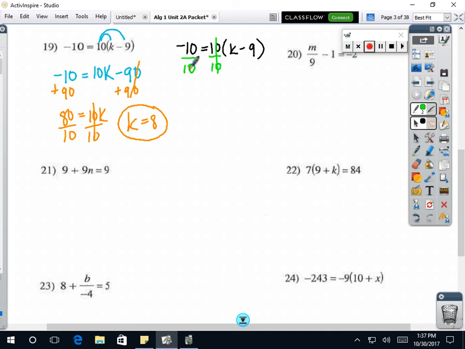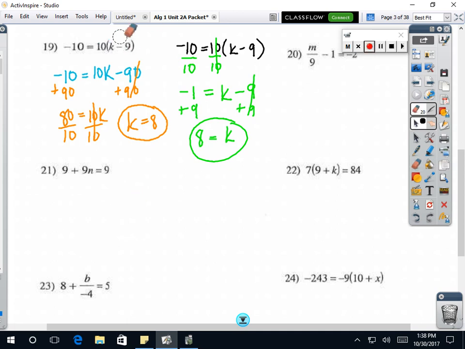And divided this side by 10 and got a negative 1. And now you just have negative 1 equals k minus 9. And now to solve for k, what would you do? Right? And so k equals negative 1 plus 9, which is 8. So either way will be fine. You can distribute it out and go from there, or you can just go ahead and get rid of that number on the outside to begin with and then finish it out.